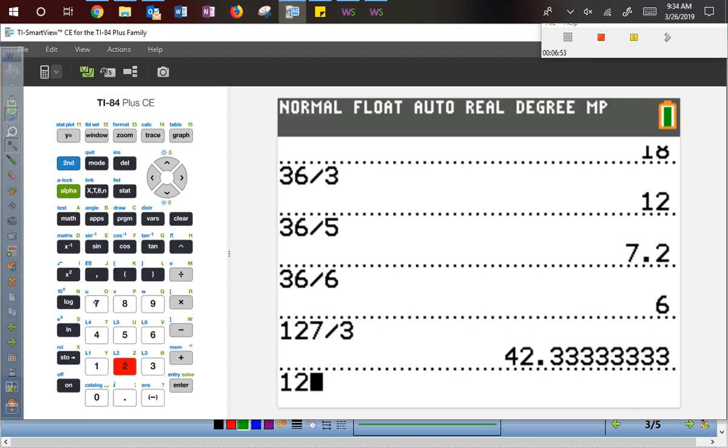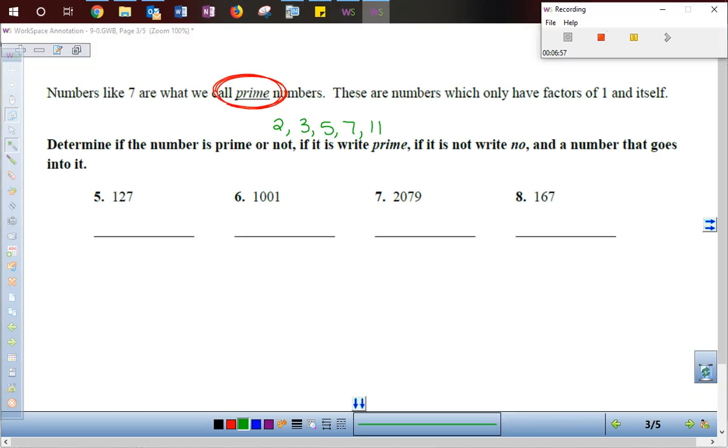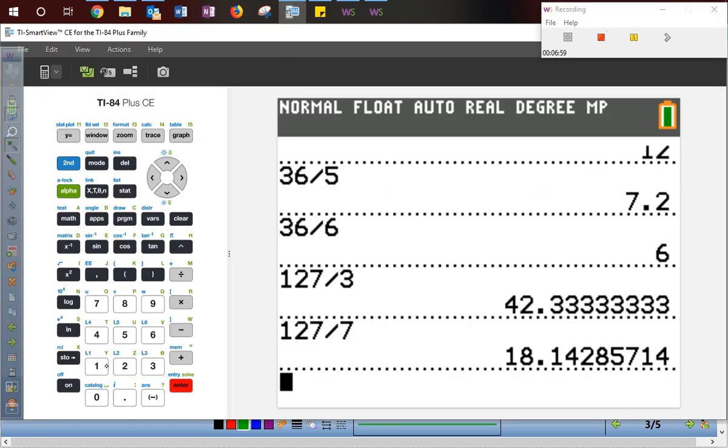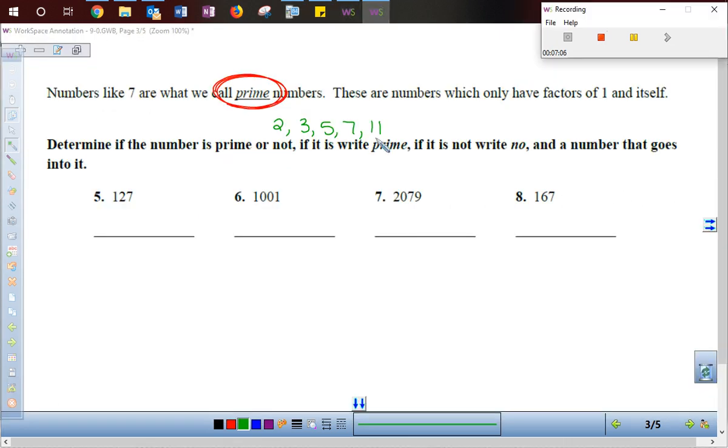What about 7? 127 divided by 7 doesn't work as well. It's also a long decimal. Finally, let's try 11. 127 divided by 11 gives me another long decimal, so none of these prime numbers can go into 127, which means this number is prime.